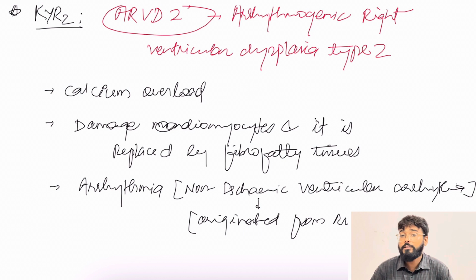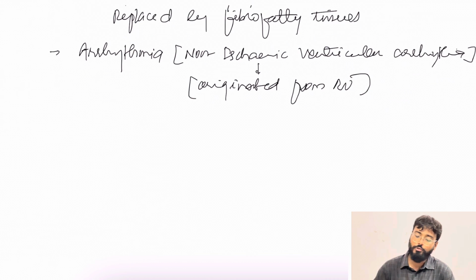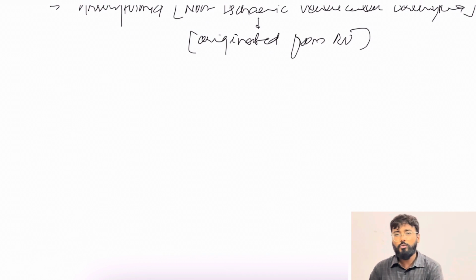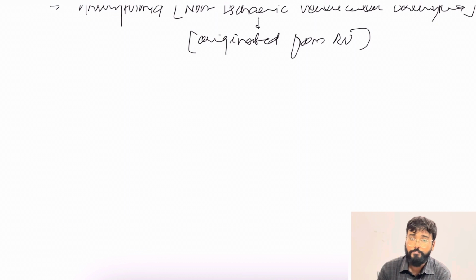And ryanodine receptor 2 mutation or defect causes ARVD type 2, which causes calcium overload, which in turn damages your right ventricular cardiomyocytes. They are replaced by fibrofatty tissues, and it also causes non-ischemic ventricular arrhythmia, primarily originating from your right ventricle. Okay, there is no proper pathology associated with type 3, and we don't need to discuss it here.